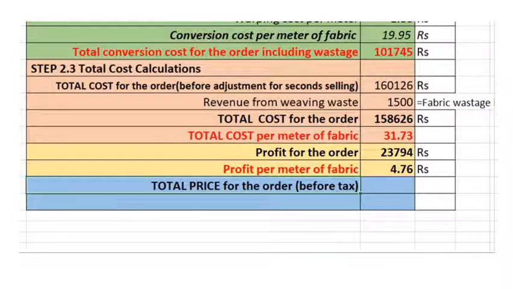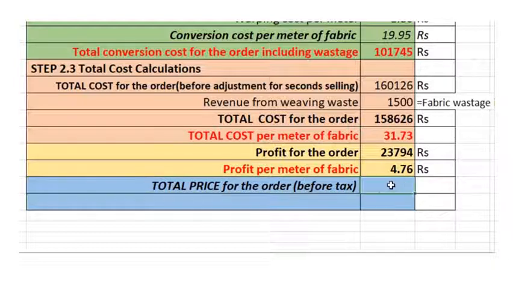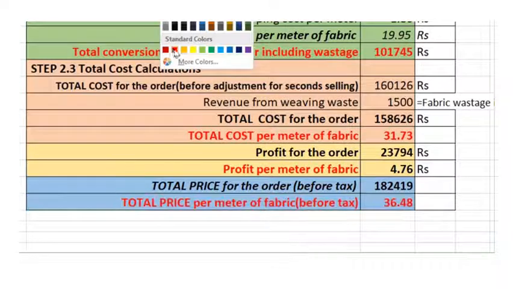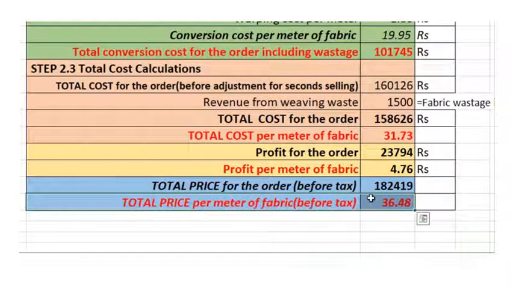So the total price for the order finally is the cost plus profit. We get this one, and the per meter cost is this. So this cost per meter plus profit per meter, we get both the values finally.